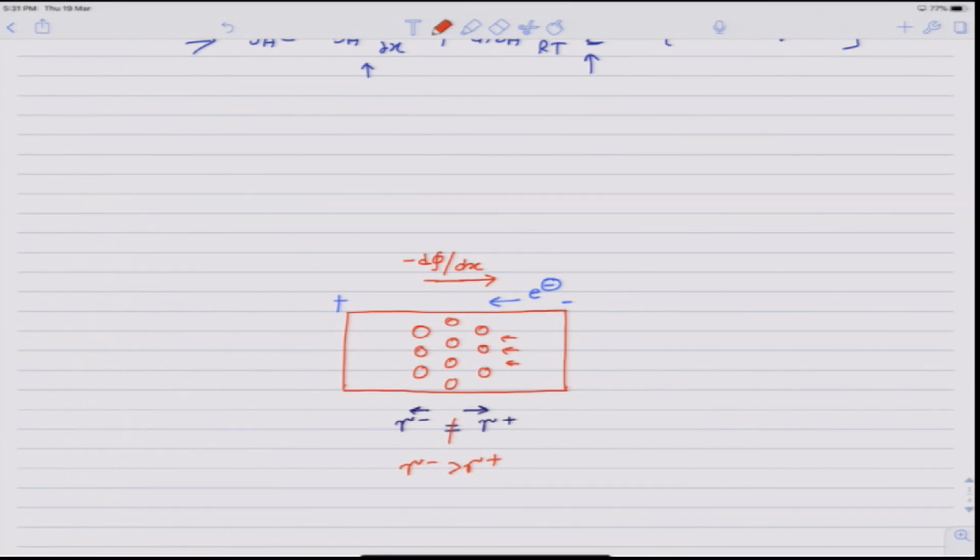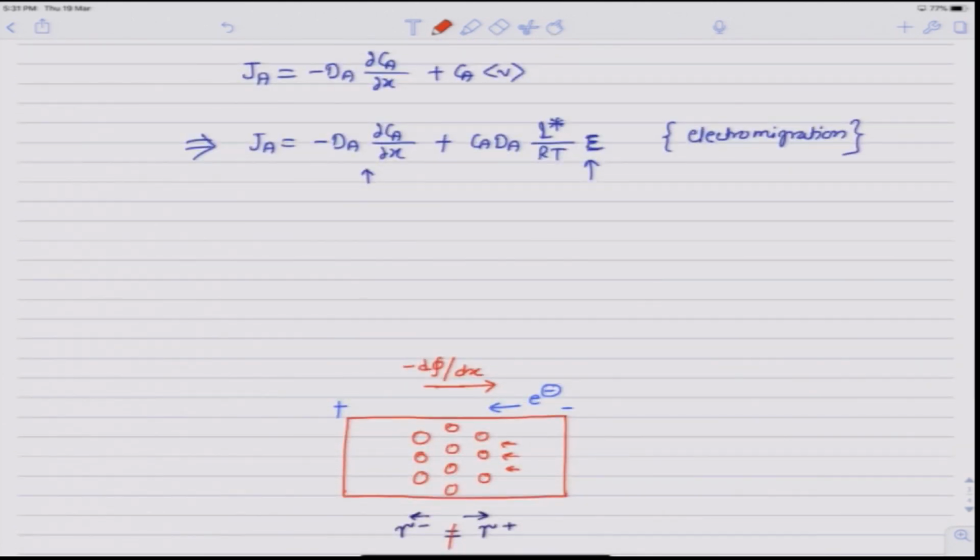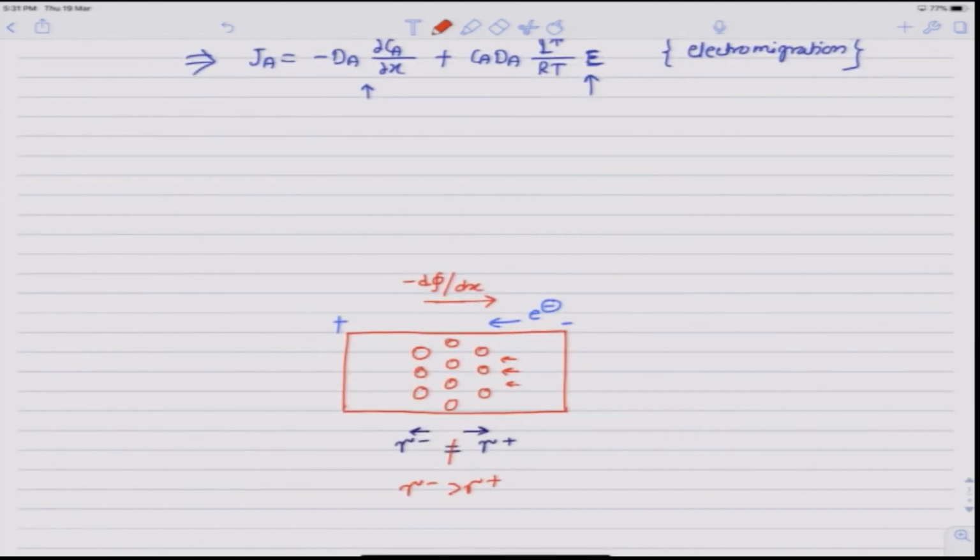In ionic compounds, the momentum transfer is less and the effect because of the charge interactions is more, but in metals the effect because of the momentum transfer from electron is more, and because of this the effective charge Q star that we have denoted here in this equation, this Q star is not exactly same as the valence of the atom. In fact, it comes out to be much higher than the valence.